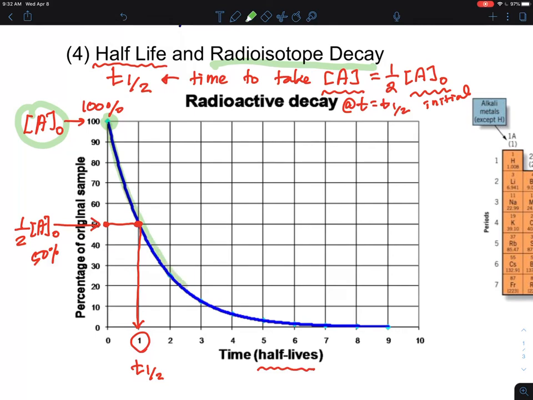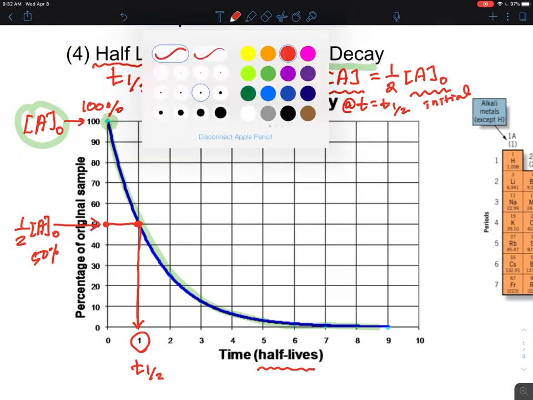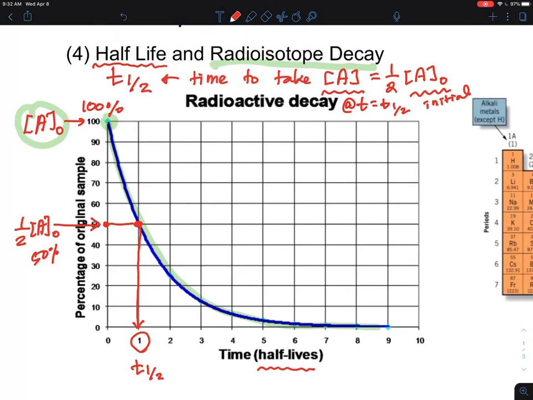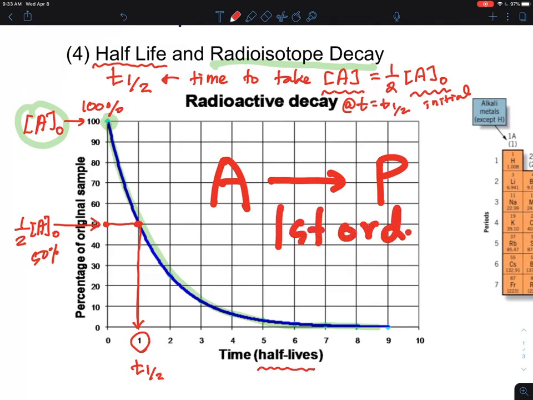As time goes on, you start to lose this one into the products. And in our class before, we wrote it this way, right? A goes to product, and this is a first order reaction.